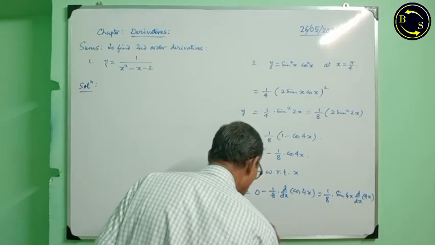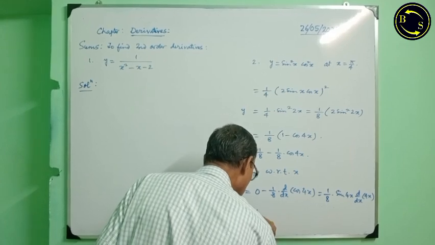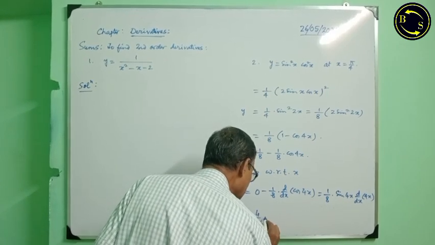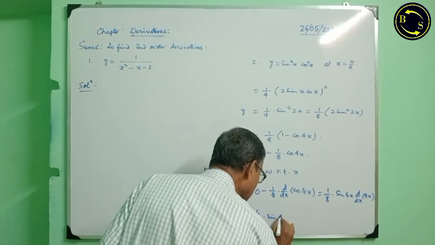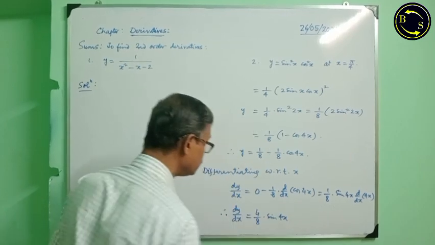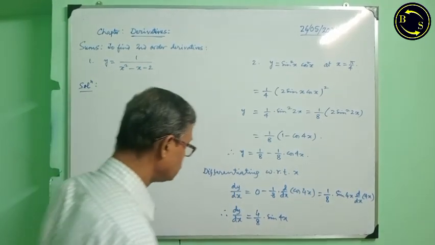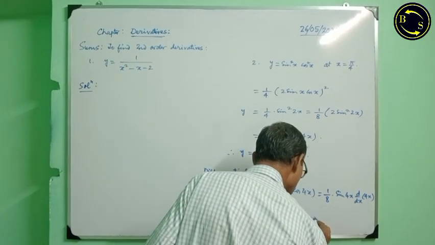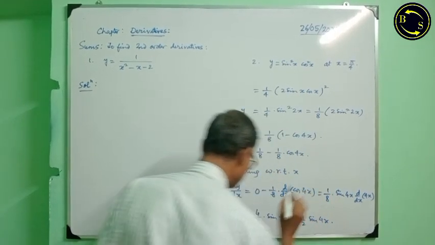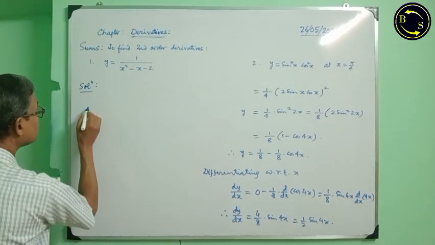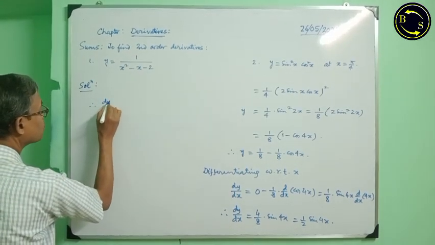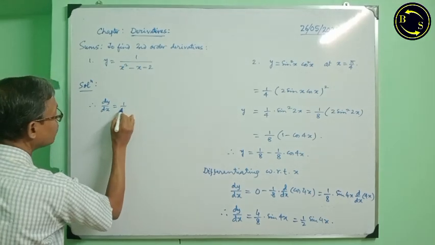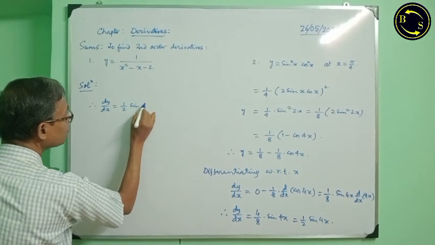The derivative of 4x is 4, therefore 4 into 4/8 into sin 4x, which means 1/2 sin 4x. Thus we get the first order derivative dy/dx equal to half sin 4x.